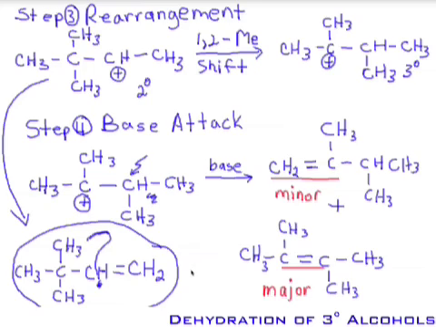Our last reaction mechanism, and I'm not going to do it stepwise, is that of the case for tertiary alcohols. And we can use tertiary alcohols and carry out the same E1 mechanism. It's exactly the same. For example, we could use tert-butyl alcohol.